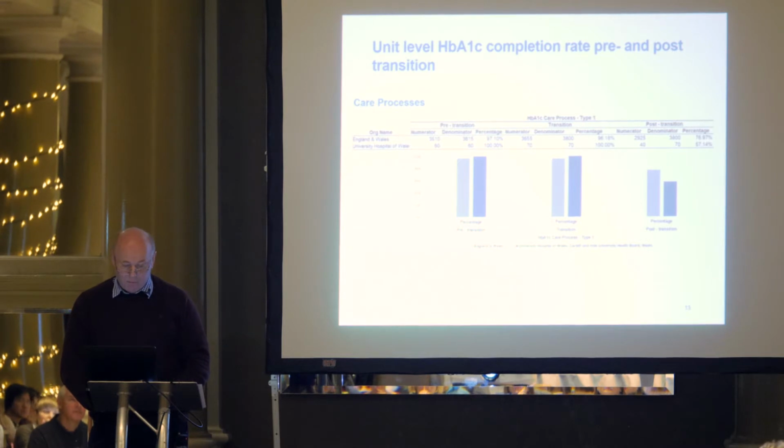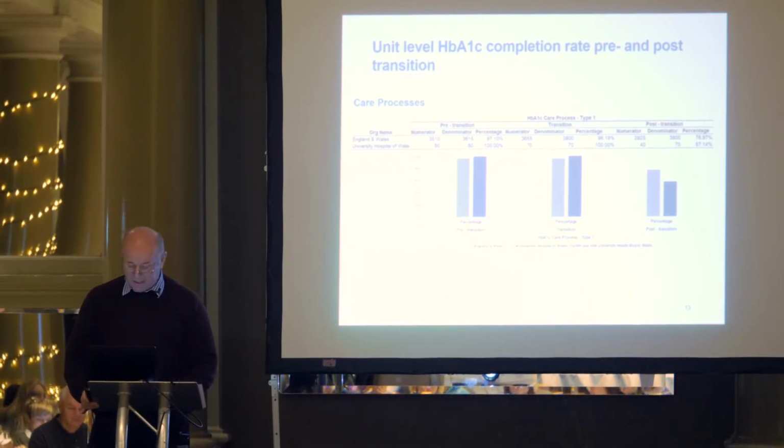The bar on the back here is the England and Wales combined data. The blue is my unit, so we're doing slightly better than the national average pre-transition, slightly better during the year of transition, but then you see the first year post. So we're one of those units who are not doing as well. You must go and have a look at your own centre and discuss that with your adult colleagues.